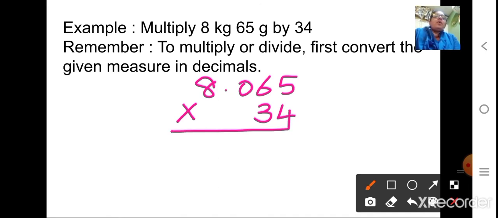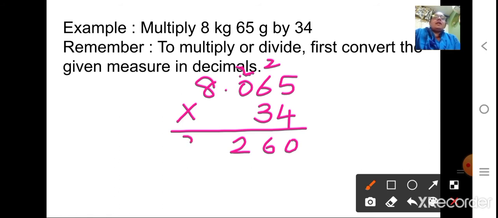Ignore the decimal point; in the final answer, you put the decimal point. So 5 4s are 20, 2 carry over here. 4 6s are 24 plus 2, 26, 2 carry over here. 4 into 0 is 0 plus 2, that will be 2. Do not put the decimal point, we'll put it at the end.